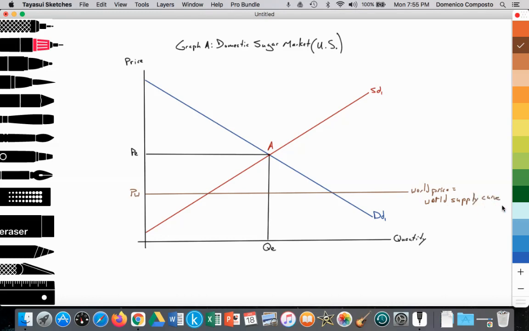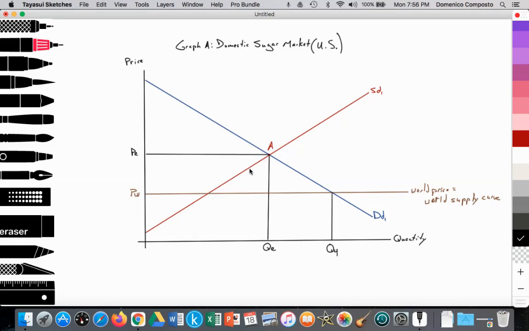Because of that lower world price, and because U.S. domestic producers don't have the comparative advantage because their costs of production are higher, we see an increase in the quantity demanded by domestic firms that use sugar as a key input, as we saw with the fast food industry, the confectionery industry, the sugar beverage industry, etc. So let's illustrate that quantity demanded here, at point B. I'm going to call that Q4, and we'll see why later.